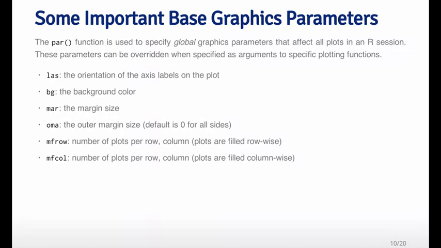The outer margin is important if you have multiple plots per page, and you want to have a label that's in the outer margin that covers the entire plot. And the mfrow and the mfcol control how many plots you have on the screen device. For example, if you have a matrix of plots, it controls how many plots will appear per row and per column.